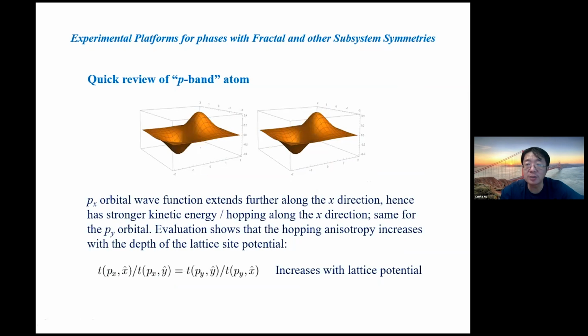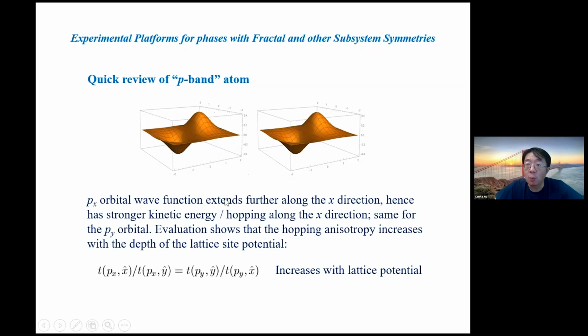So when the atom hops from one side to another in the optical lattice, the px atom, which extends further along the x direction than along the y direction, will hop stronger along the x direction. It will prefer to hop along the x direction than along the y direction.